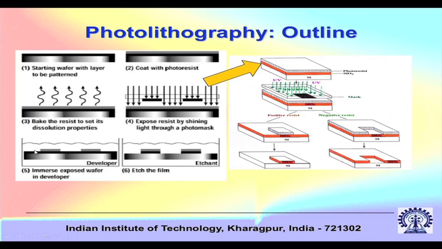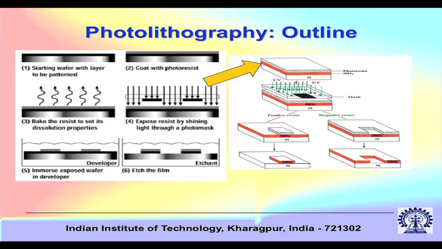The part below this black region was not exposed, but whatever was exposed, when you develop it in a developer, that exposed part is gone. That is a special type of photoresist. We will see the different types of photoresist, positive photoresist or negative photoresist.